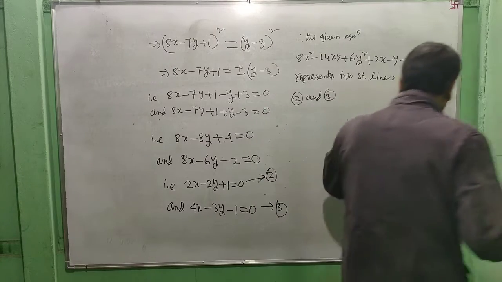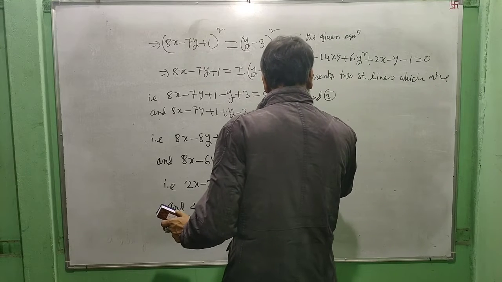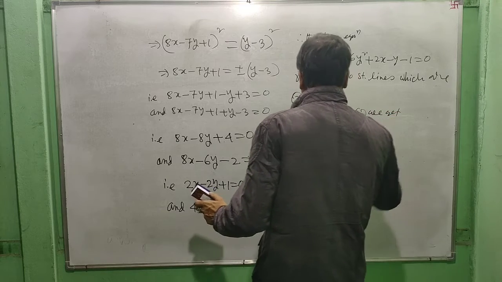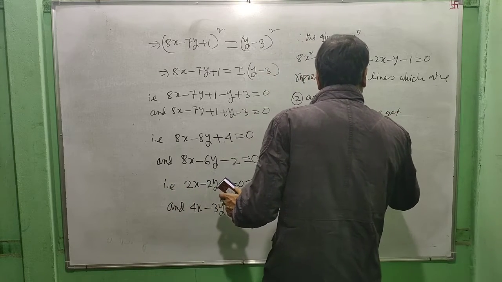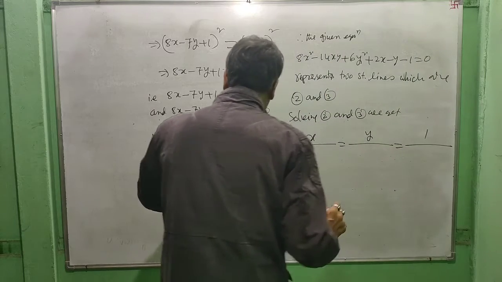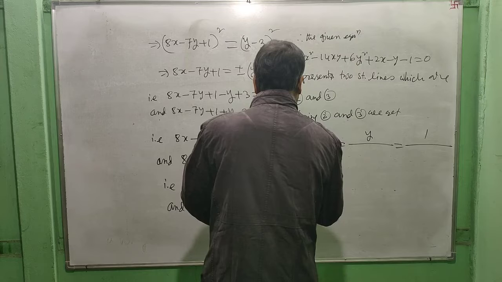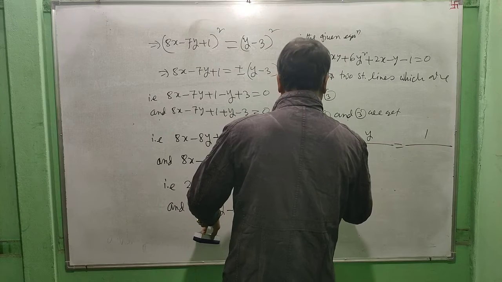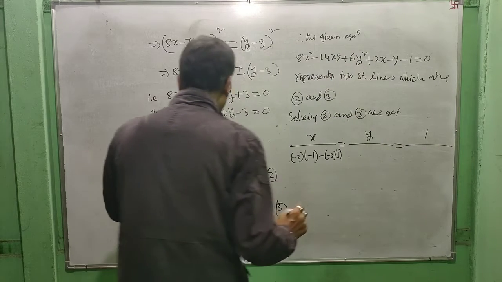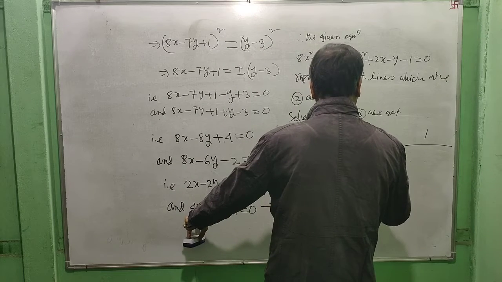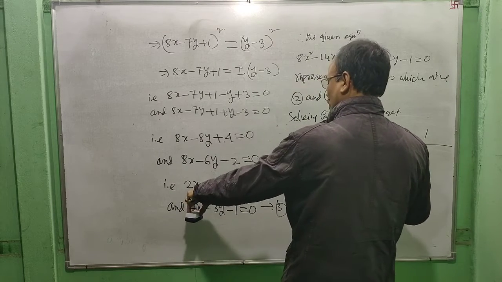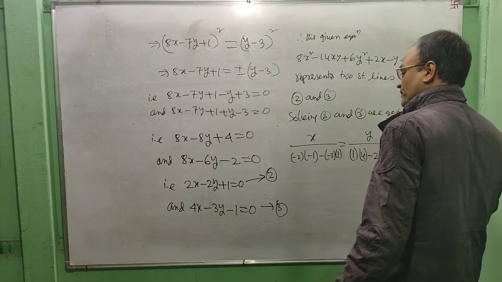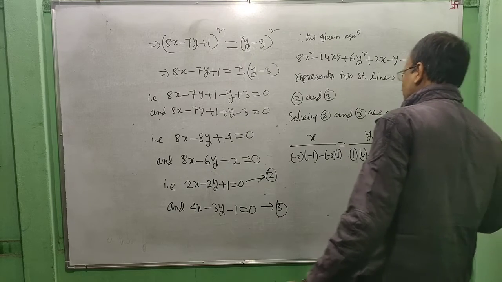Solving 2 and 3 we get x divided by minus 2 into minus 1 minus 3 into 1, y divided by 1 into 4 minus 2 into minus 1, 1 divided by 2 into minus 3 minus 4 into minus 2.